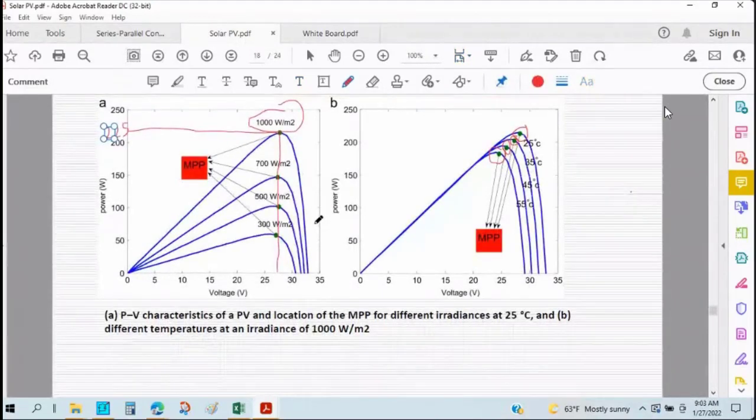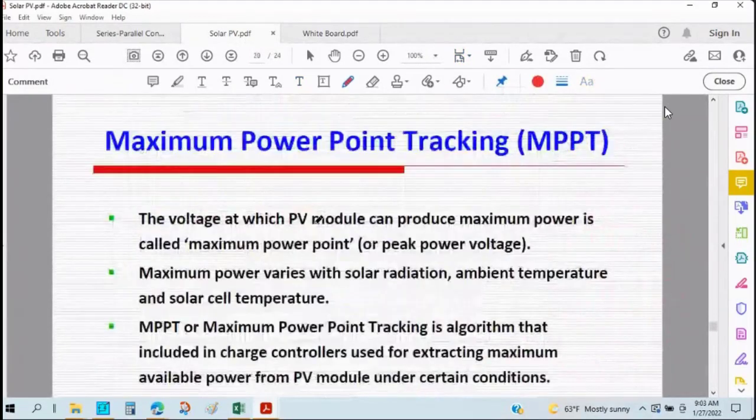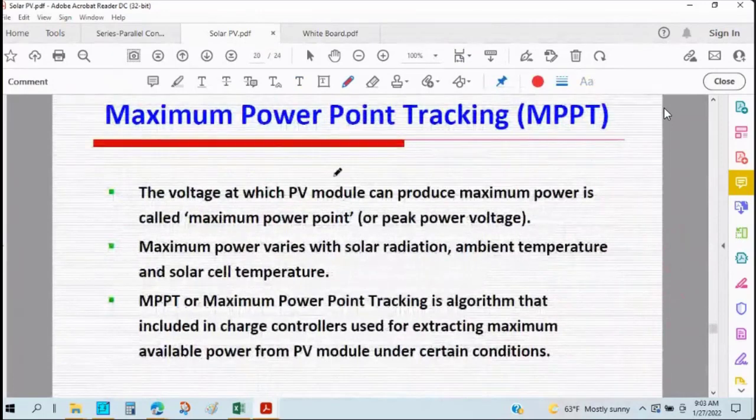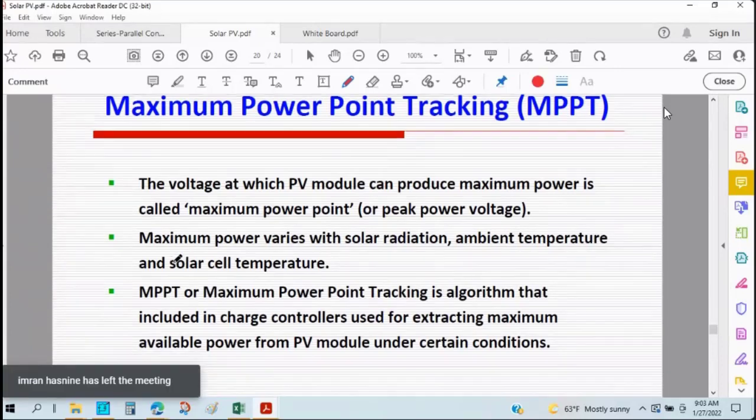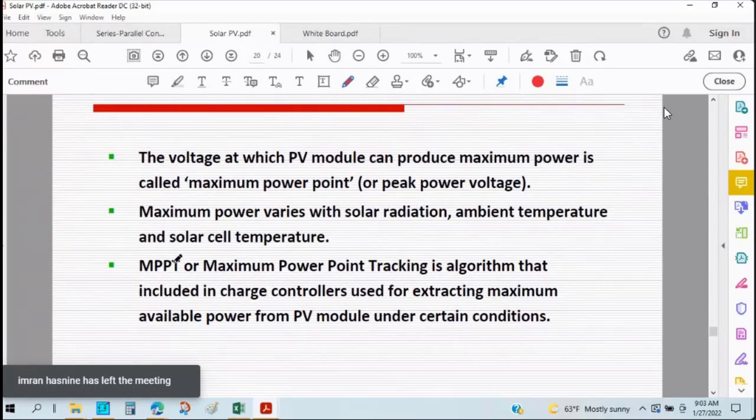Is that clear to you? Yes, sir. That means the voltage at which a PV module can generate maximum power is known as maximum power point or peak power voltage. And as I have mentioned, that maximum power point depends on the weather condition, I mean the surrounding temperature, cell temperature, as well as the intensity of light, solar irradiation.